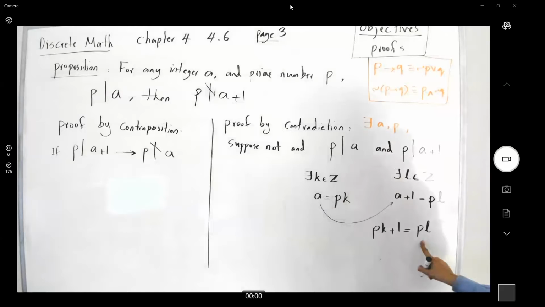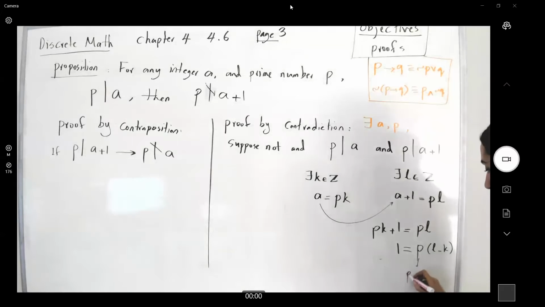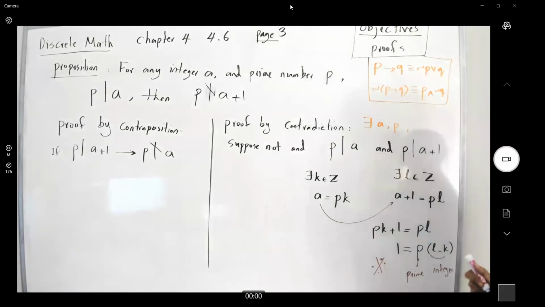So I get p times (l minus k) equals 1. Guys, a prime number times an integer is equal to 1. Is it possible? Prime times an integer equals 1. This is impossible. This is the contradiction that you have. So by using the method of contradiction, you can easily prove this proposition.